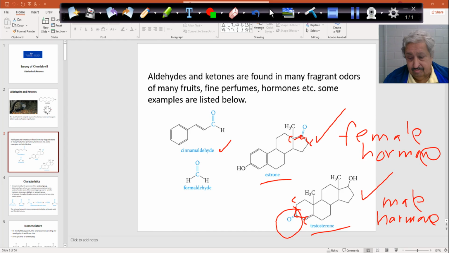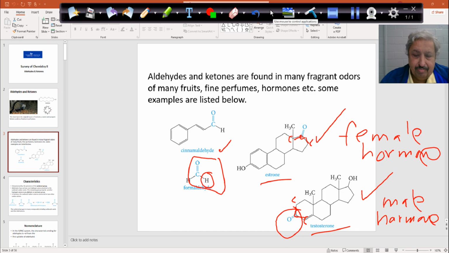That's an aldo group, because this is the distinct feature of the aldo group from the keto group. Okay, so those are just examples of the aldehydes and ketones. They're found in nature.